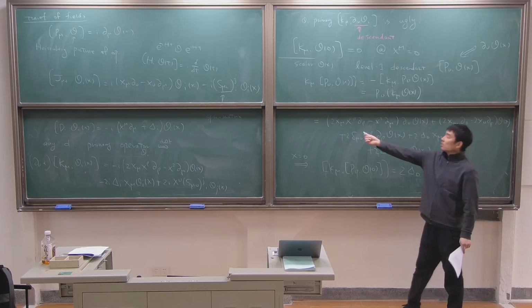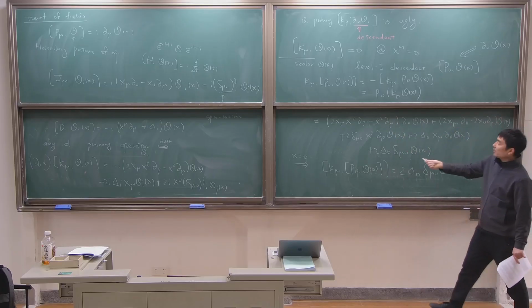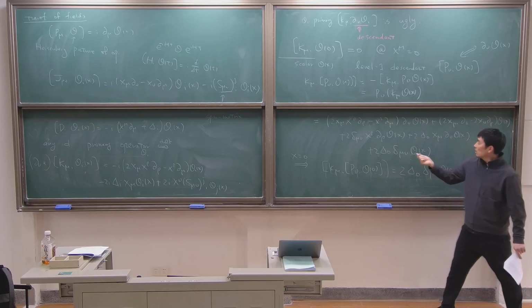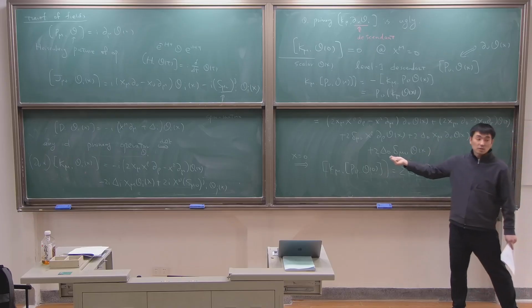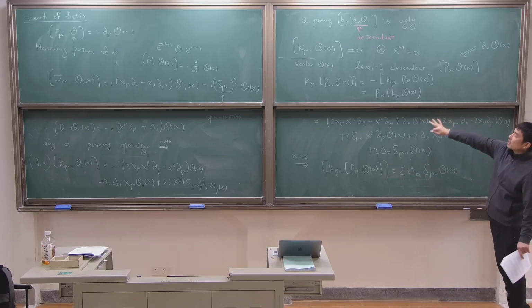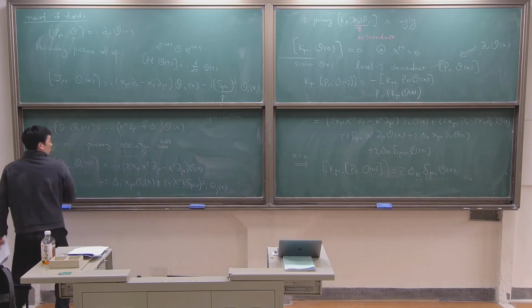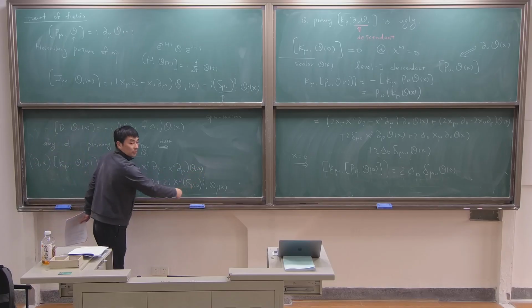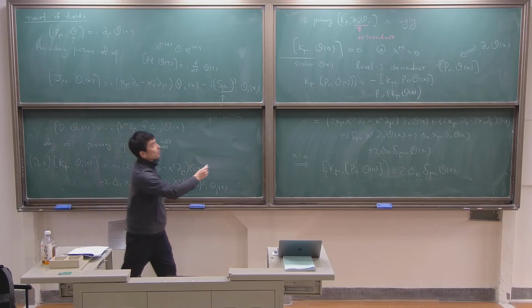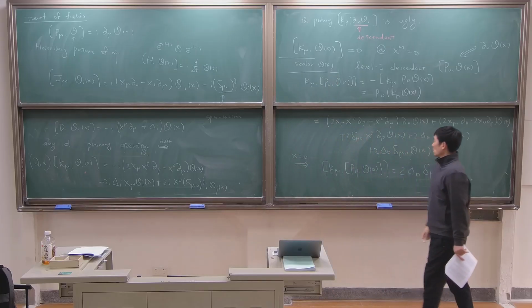Once you set x goes to 0, this term is gone, and this term is gone. So what's left is this. What I did is just act with the derivative partial mu and ignore this term because the operator is scalar, the spin matrix is 0.